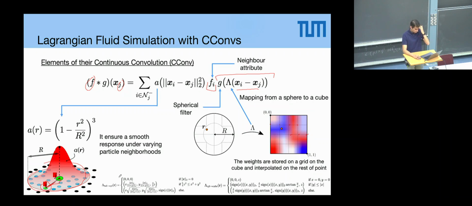The transformation function is here, but you don't need to worry about this. Also, if we are transforming a sphere in 3D into a cube, it's more complex, but that's not the relevant thing about this.